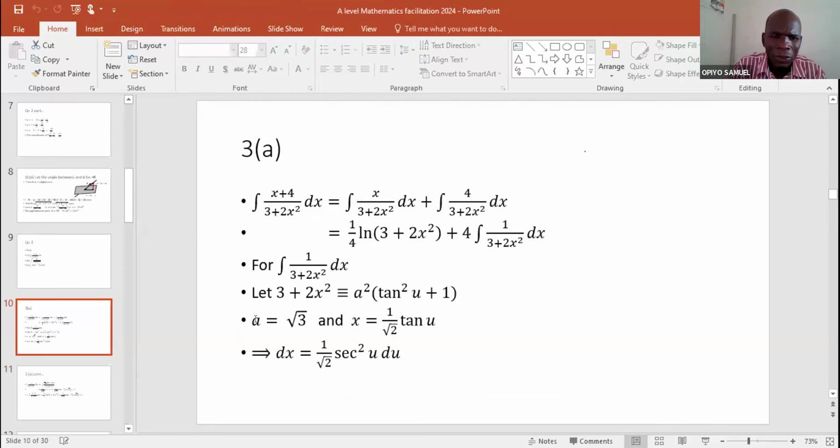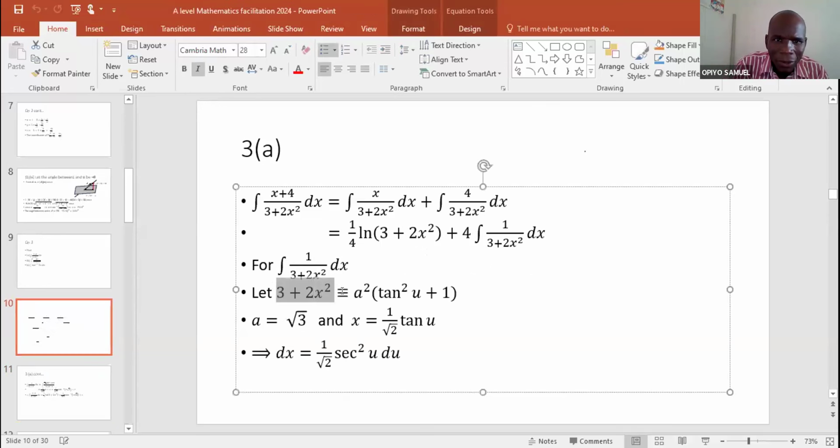A is root 3. But remember why it disappeared. Here we are letting 3 plus 2x, 3 plus 2x squared, be equal to a squared times tan squared u plus 1. The one inside here is simply sec, so this will be sec squared u.